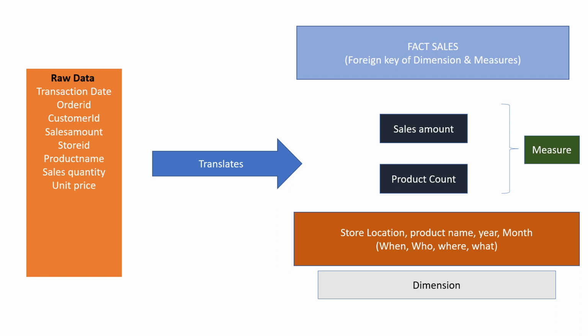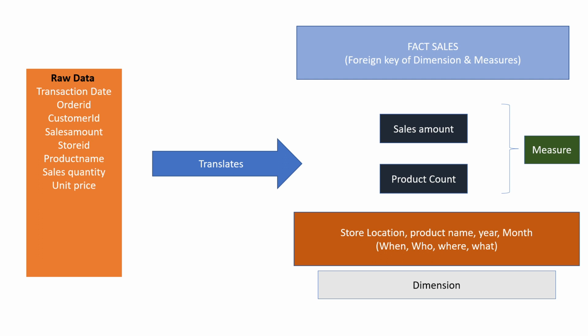Suppose sales amount: sales amount will go into the fact sales because it's a measure. Product count, how many products were sold for that particular store location. This is a measure, right? How many products were sold at what location, in what month? Your model should be able to answer these questions.